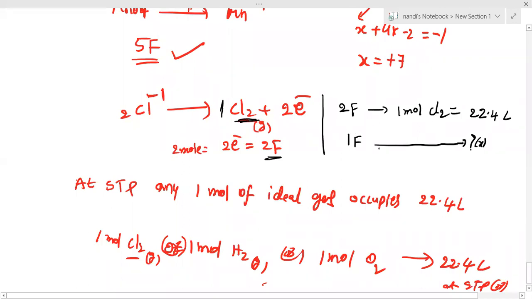I am equating everything. So 1 Faraday equals how much? 11.2 liters. Or 2 Faradays equal 1 mole, so 1 Faraday means half a mole of Cl2. 1 mole equals 22.4 liters, so half a mole means how much? You can check it.